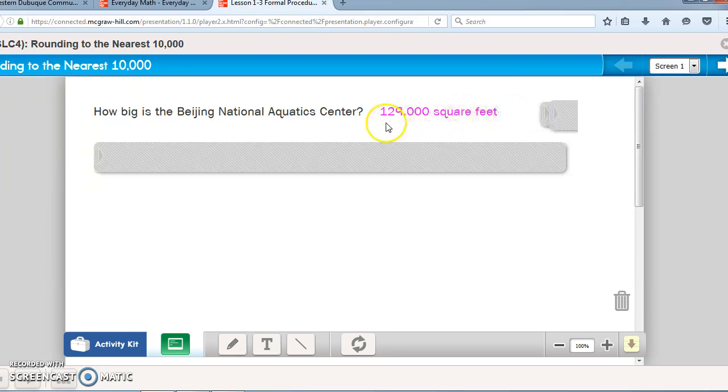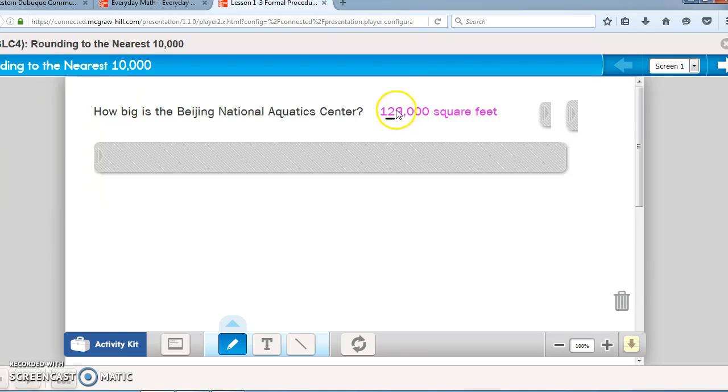You should have noticed that it's 129,000 square feet. Next question. I want you to round the 129,000 square feet to the nearest 10,000. So you have to find the 10,000s place, underline it.